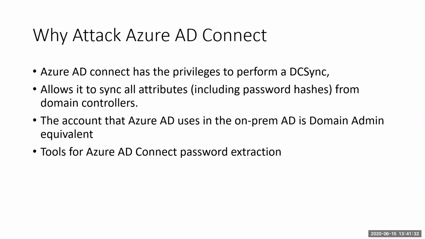And then just a little bit about Azure AD Connect. Basically, we see a lot of colleges using this, and Azure AD Connect uses an on-prem user account, which is domain equivalent.